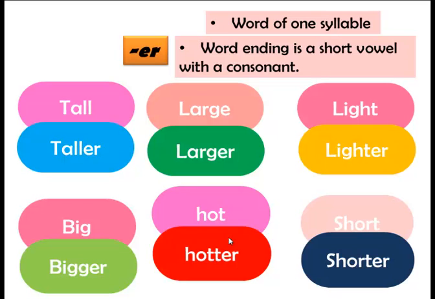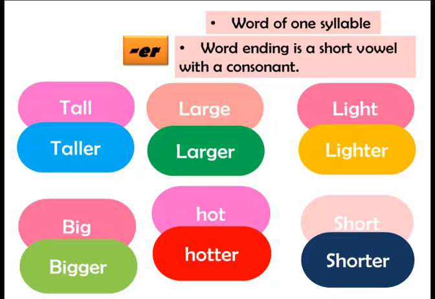What do we do? We only double the last letter, like hot, double T, ER. So again, we can add ER if the word is one syllable, but if there is a short vowel and it's one syllable, you only double the last letter and add ER.